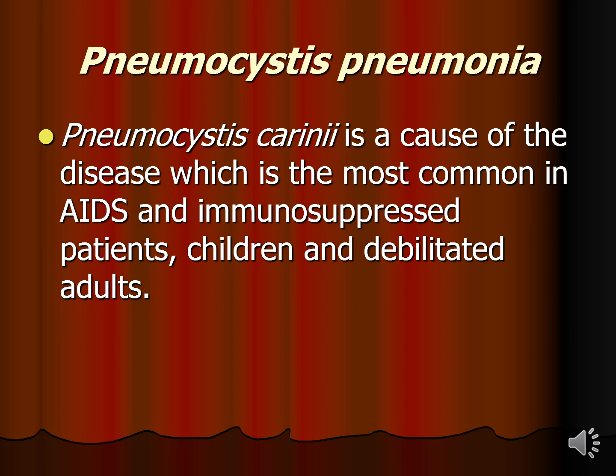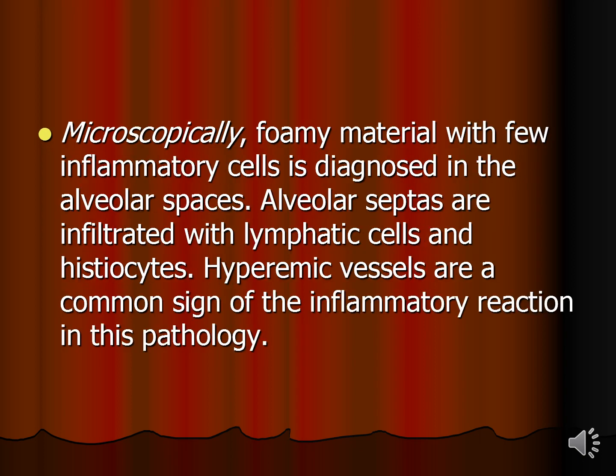or with various transplantation surgeries, and immunosuppression due to usage of various drugs, and all this may be complicated by pneumocystic pneumonia. Microscopically, we see foamy material with few inflammatory cells within the alveolar exudate.